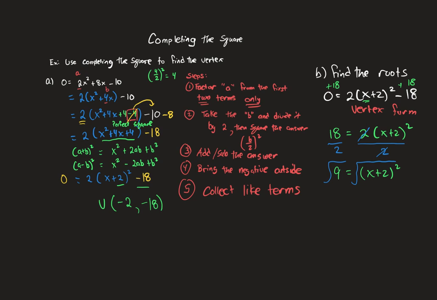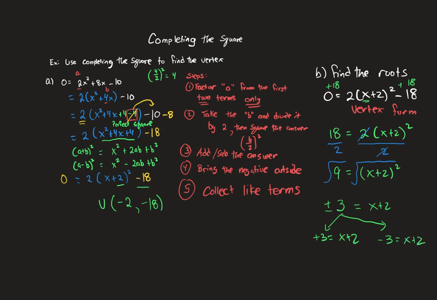Now remember, whenever you take the square root, you're not just getting one number, you're going to get plus or minus 3. So that means I can have two different solutions. One where I have plus 3 is equal to x plus 2, and the other when I have negative 3 is equal to x plus 2.